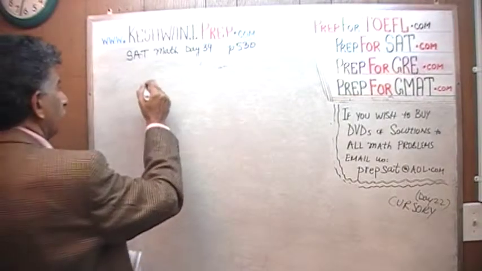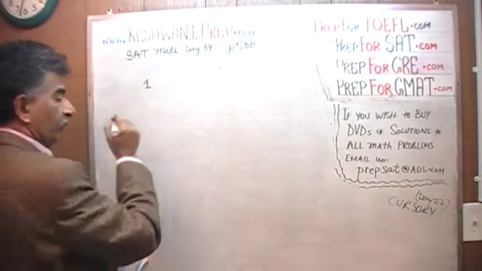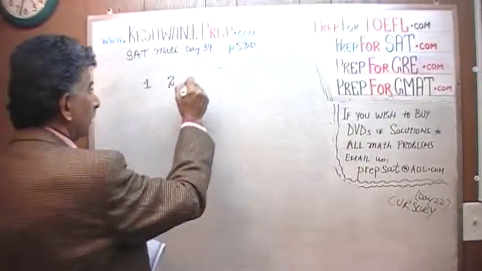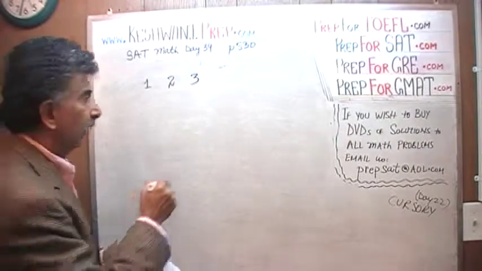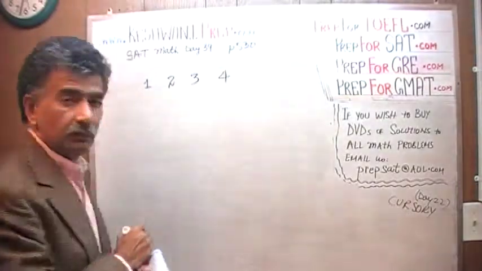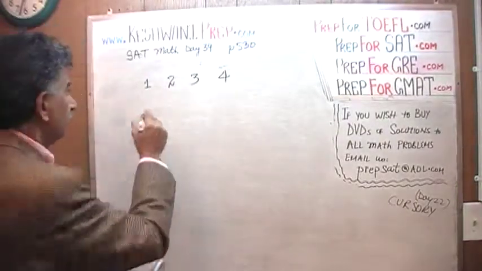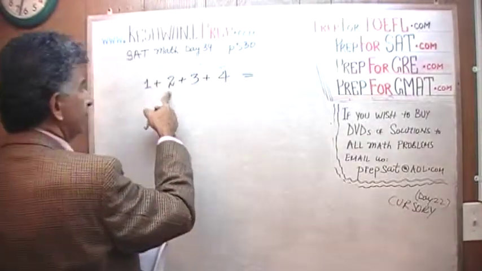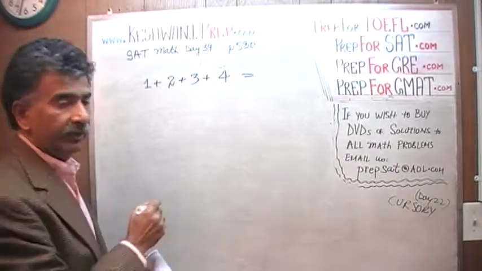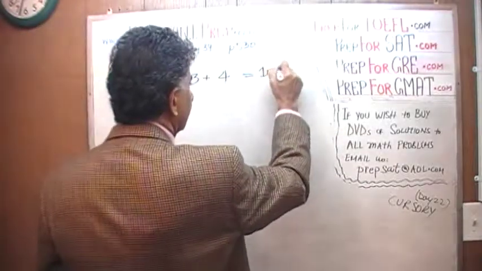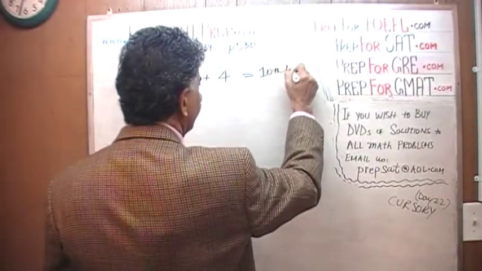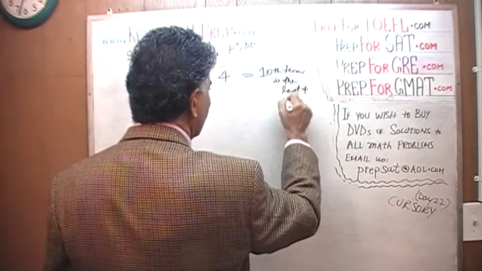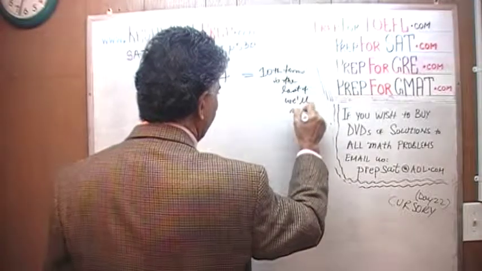So 1 appears 1 time, 2 appears 2 times, 3 appears 3 times, and 4 appears 4 times. In other words, 1 plus 2 is 3, 3 plus 3 is 6, 6 plus 4 is 10. It tells us that the 10th term is the last 4 we will see.